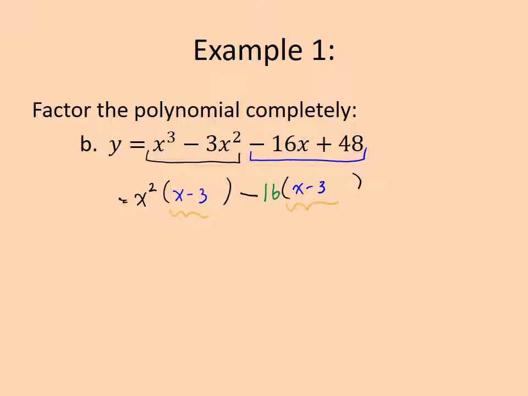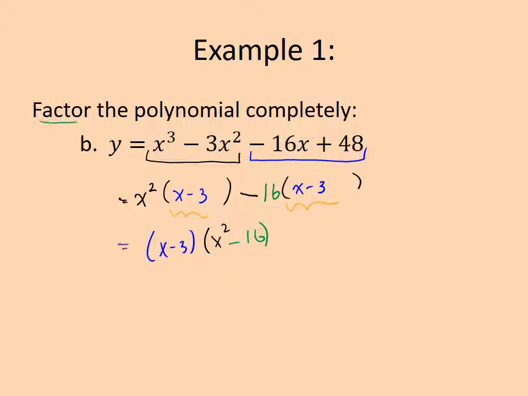Since x minus 3 is a common factor in both terms, we can factor it out. So on the outside, we have x minus 3, and left on the inside, we have our two factors that are not common. So we have x squared minus 16.